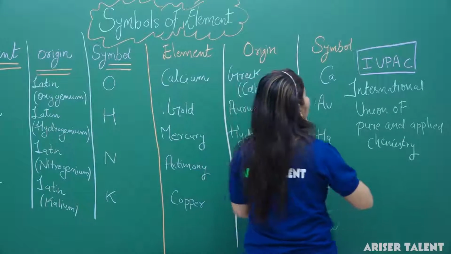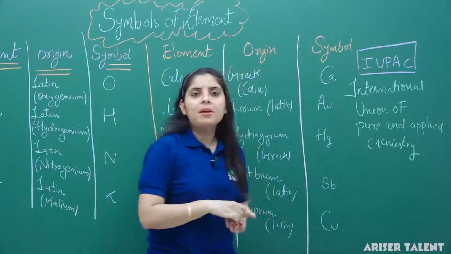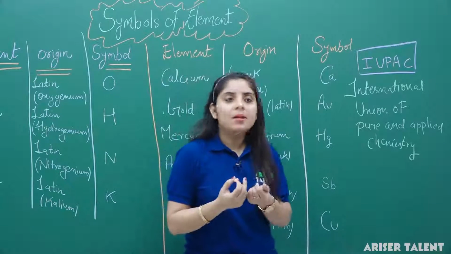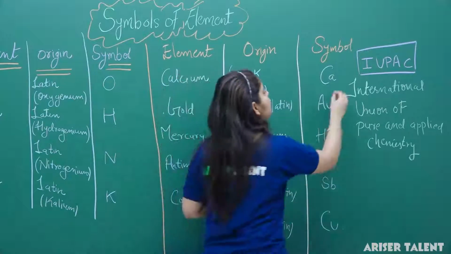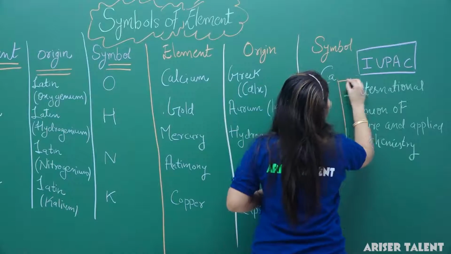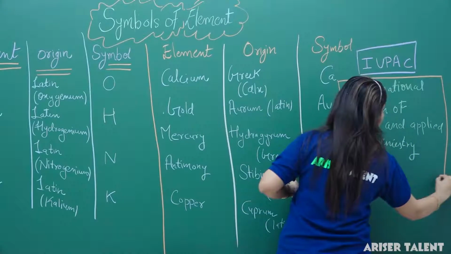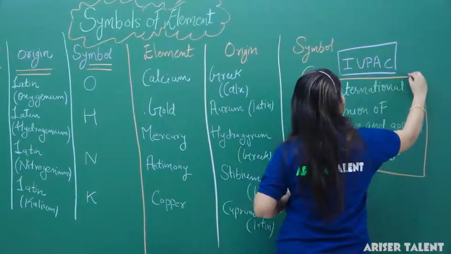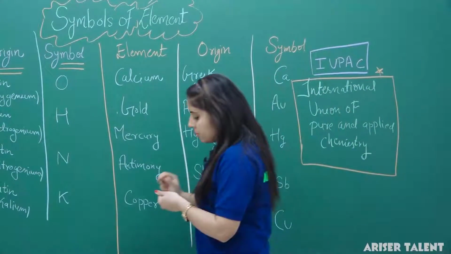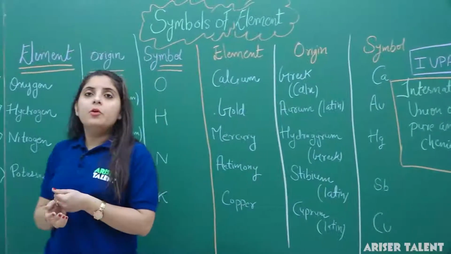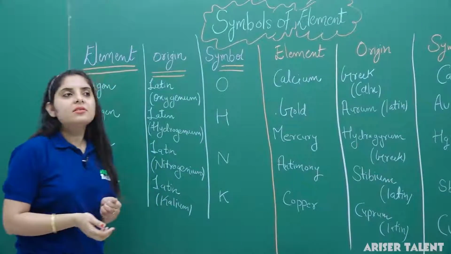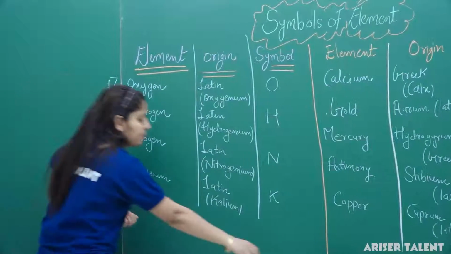So IUPAC has adopted these symbols as the basic element symbols, and these symbols are actually used worldwide. So these symbols have been given characteristics by the IUPAC. So we are going to discuss the characteristics of the symbol.